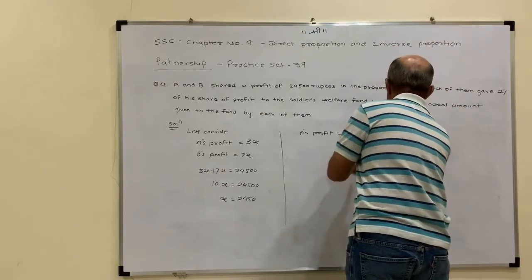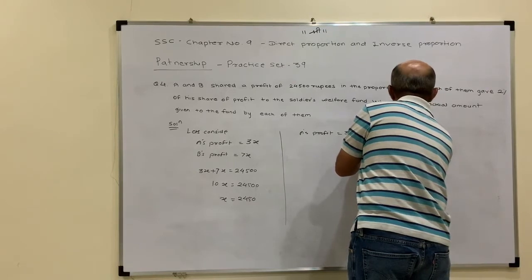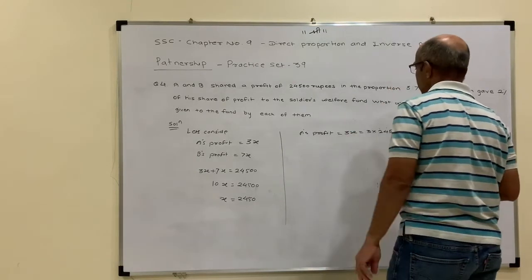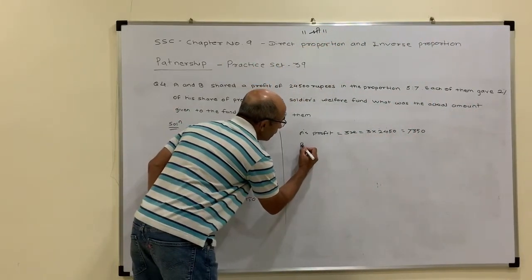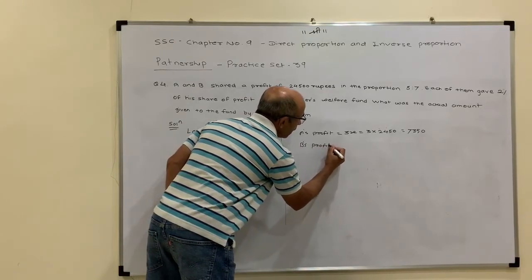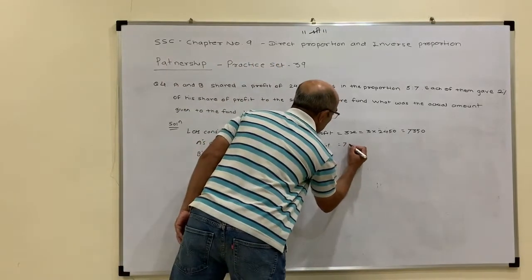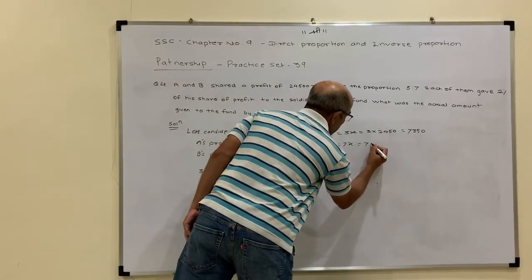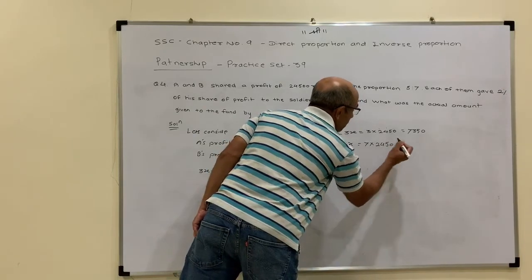3 5s are 15, 3 4s are 12, 3 2s are 6, so 7,350. Now B's profit equals 7x, that is 7 into 2,450.